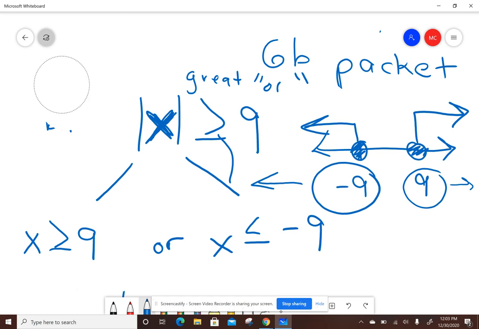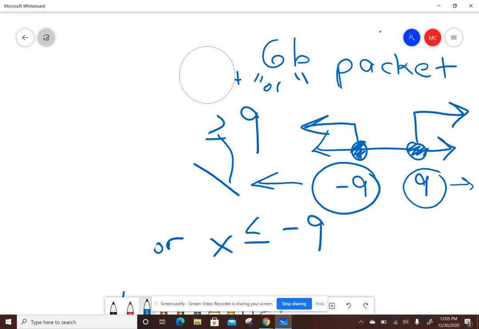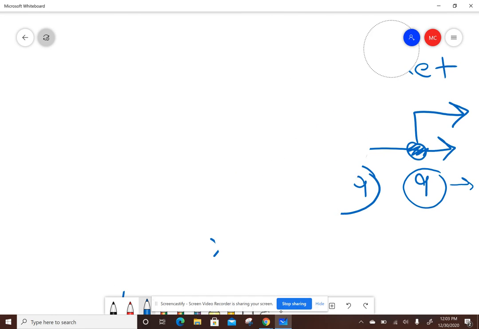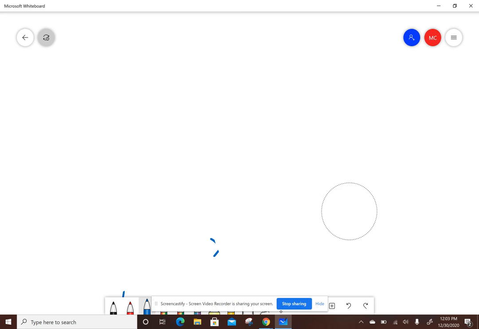Okay, so now let's look at the rule that it gives us on page 32. And it says the inequality absolute value of ax plus b is less than c, where c is greater than 0, is equivalent to the compound inequality.